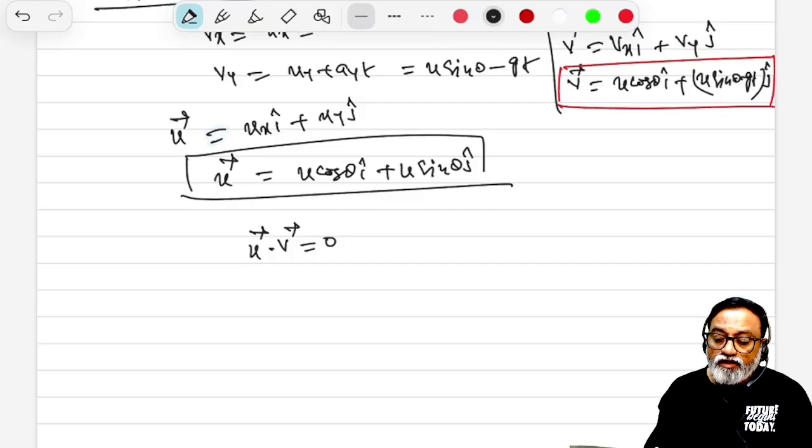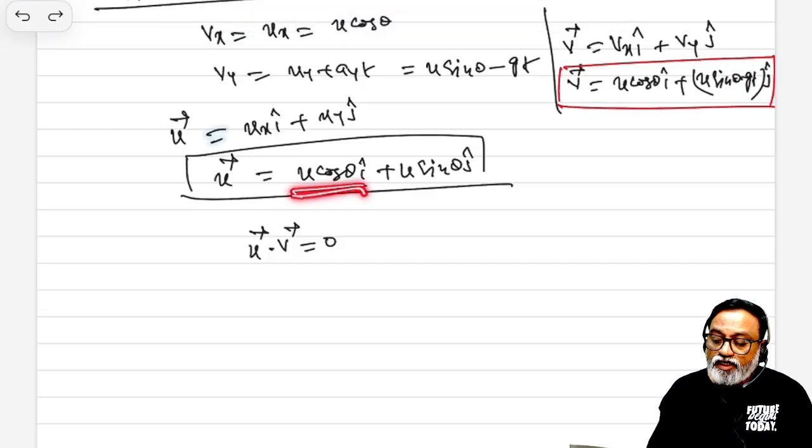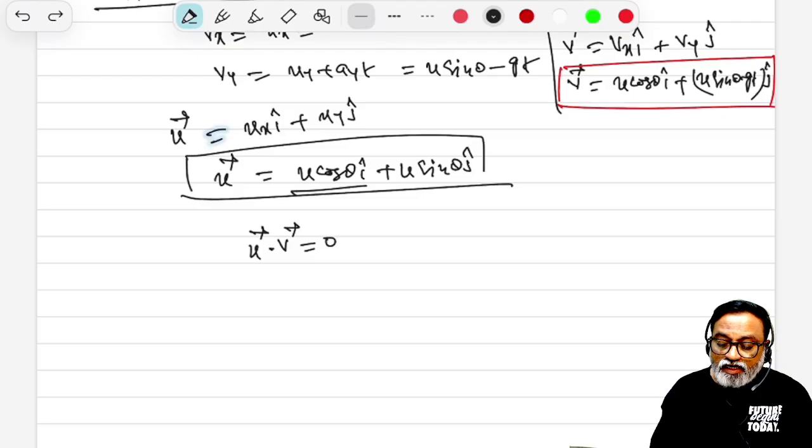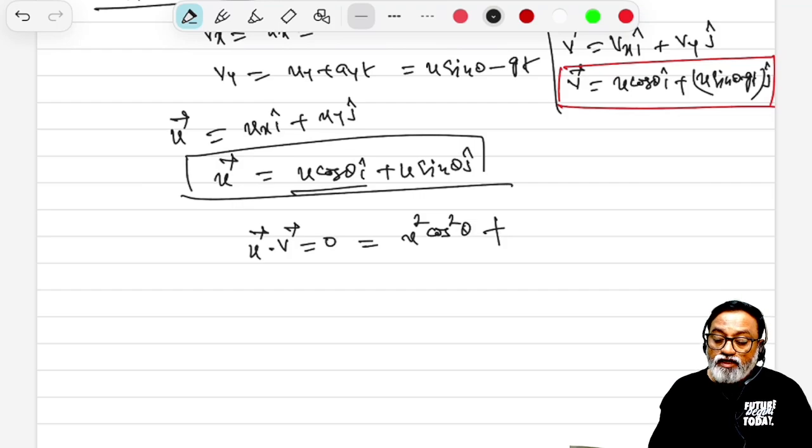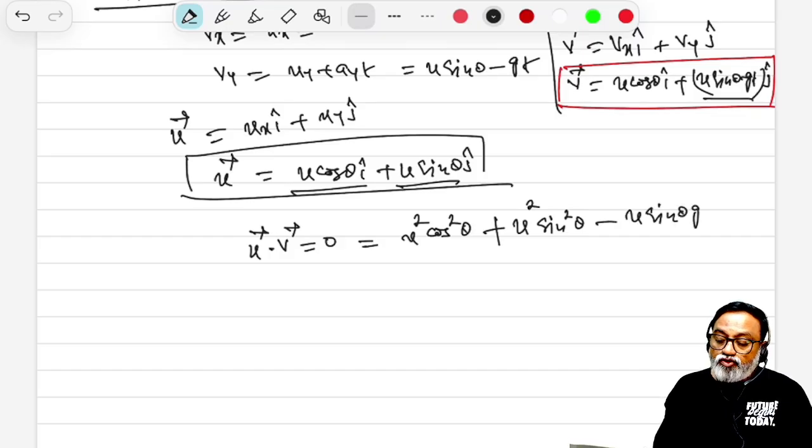In dot product, U cos theta into U cos theta, U square cos squared theta, plus U sin theta into (U sin theta minus Gt), therefore U square sin squared theta minus U sin theta into Gt.